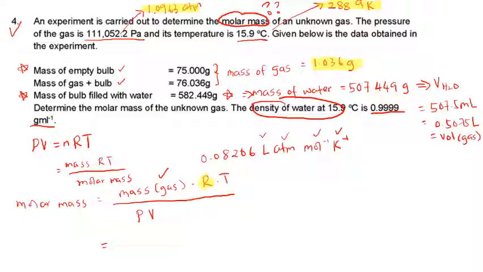Because the volume of the water is the volume of the container, and the volume of the container will also equal the volume of the gas. So all these are the same, which is 0.5075. By substituting all the values into the formula, you will get the molar mass, which is 44.12 gram per mole.